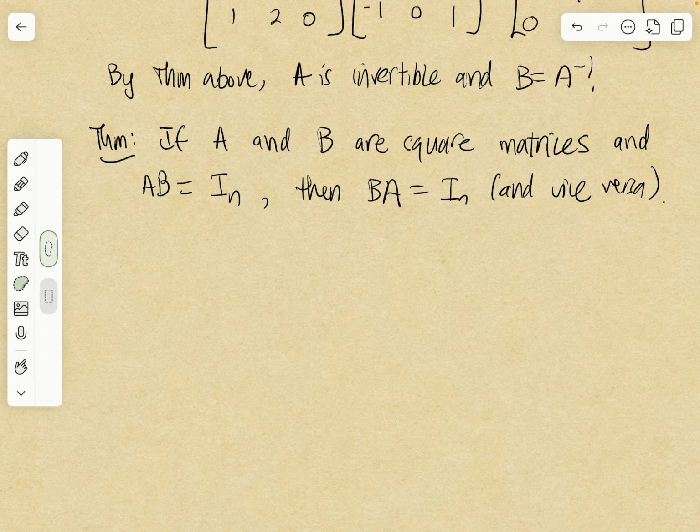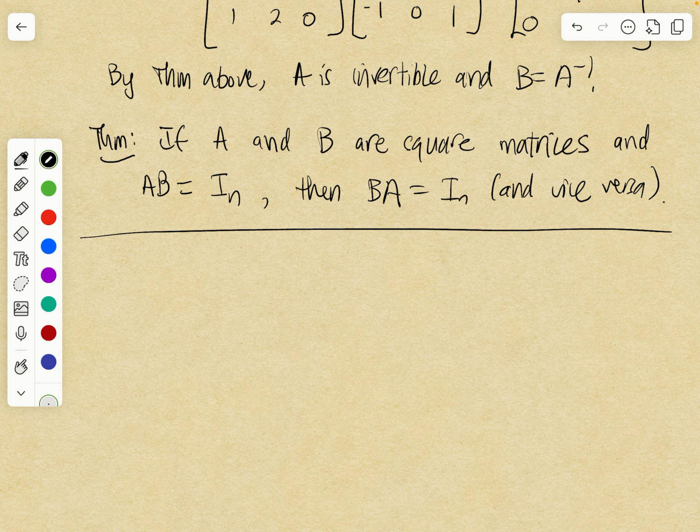And let's make one comment. We also could look at the inverse of A inverse. So I know that if I do A times A inverse, I get the identity matrix, right? So this tells me, what would be the inverse of A inverse? Is there an inverse of A inverse?